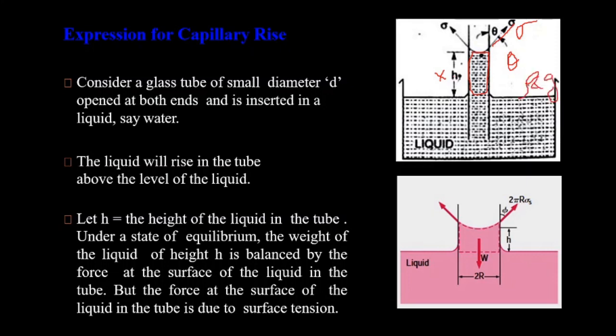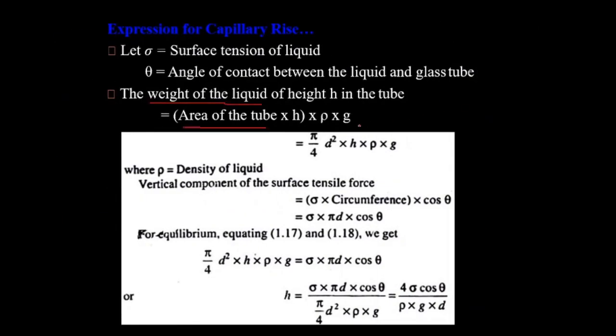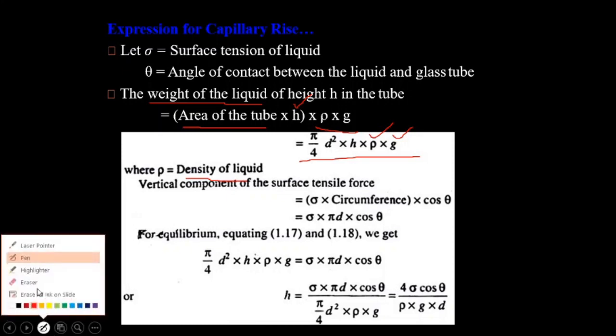What is this rho? This is nothing but the density, and g is acceleration due to gravity. What is the area of the tube? The tube is circular, right? So pi by 4 into d square into h into rho into g is the weight of the liquid of height h in the tube, where rho is the density of the liquid.